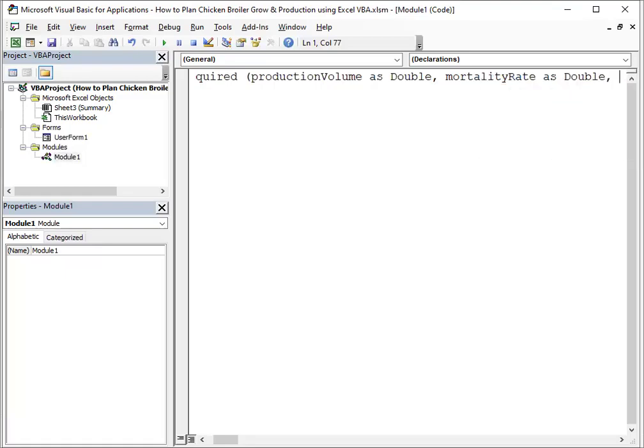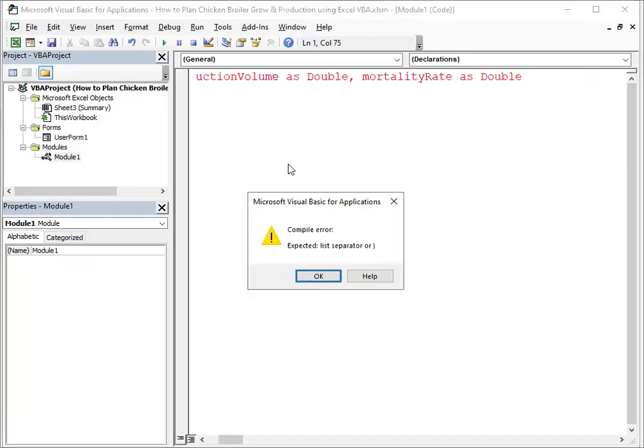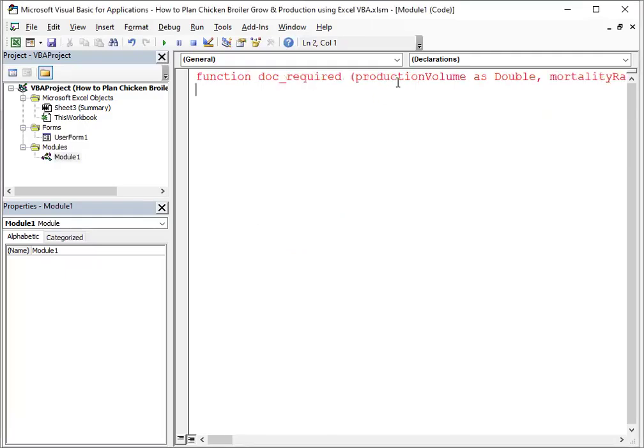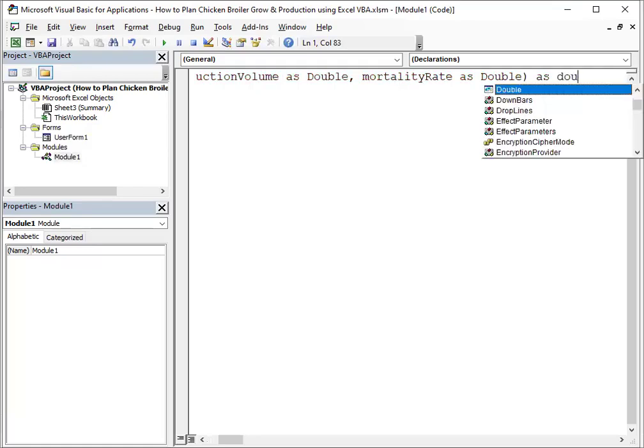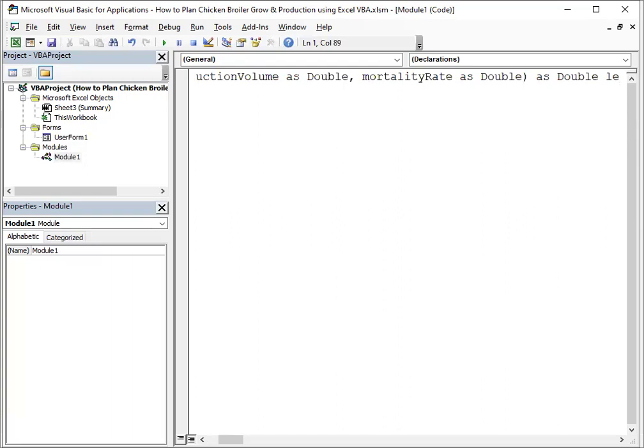We start with the function, then it will be as double. I'm going to close it, then say as double again. I think that's okay.